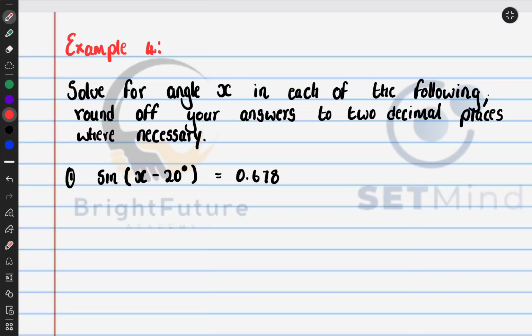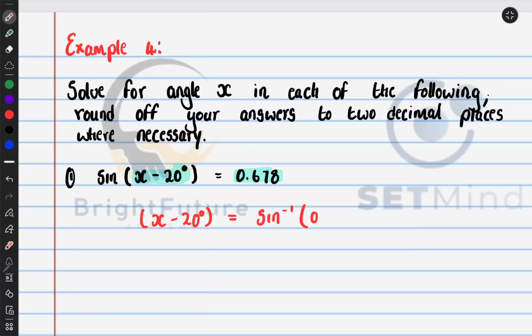So for number 1, sine x minus 20 degrees is equal to 0.678. X minus 20 degrees, this is the angle, and this is the ratio. First thing first, what do we do? We isolate the angle. The angle is x minus 20 degrees. Take sine to the other side, we're gonna have sine inverse.